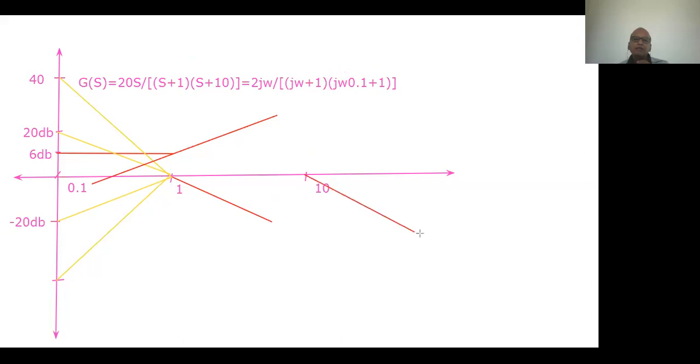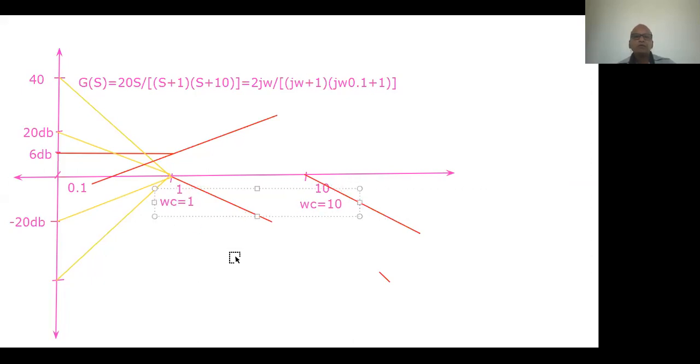If you see the corner frequency, omega c equals 10. Here omega c equals 10. The corner frequency is equal to 10.